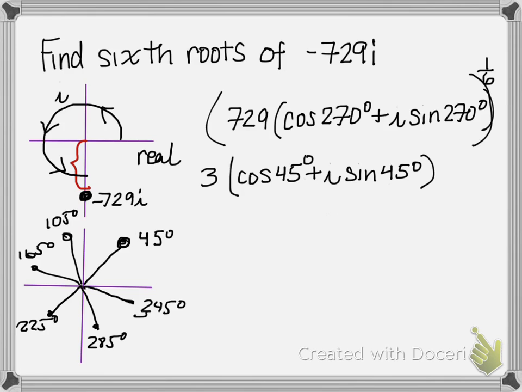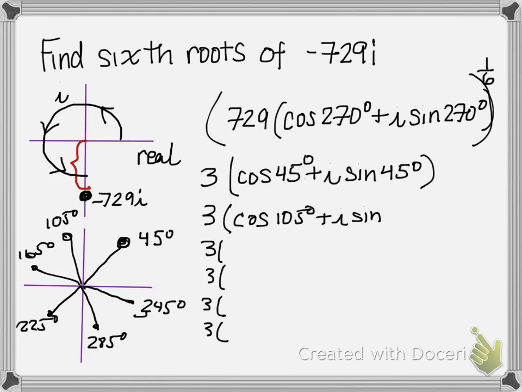And then I'll just convert all those into the trigonometric form, right? There's 1, 2, 3, 4, 5, 6, and each of them just gets one of these angles that I wrote here. Cosine 105 degrees plus i sine 105 degrees, and so on.